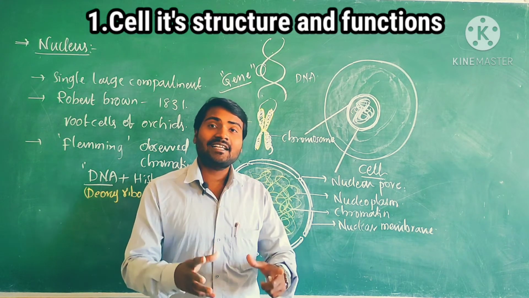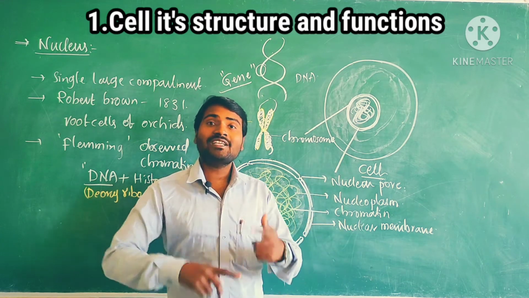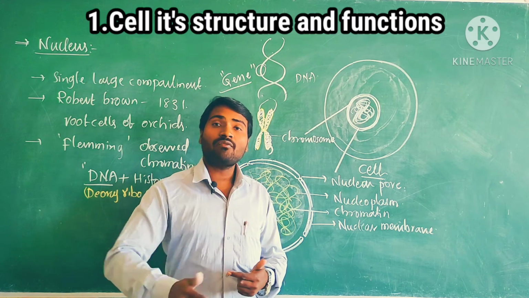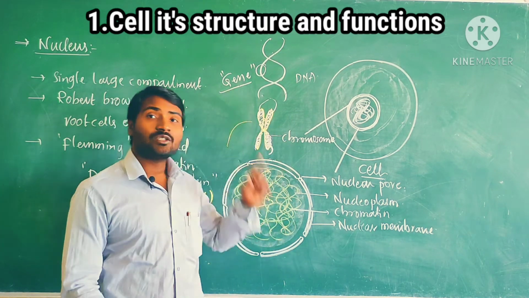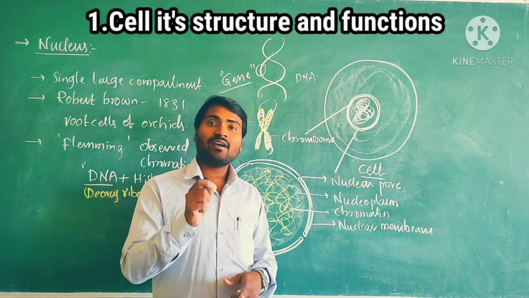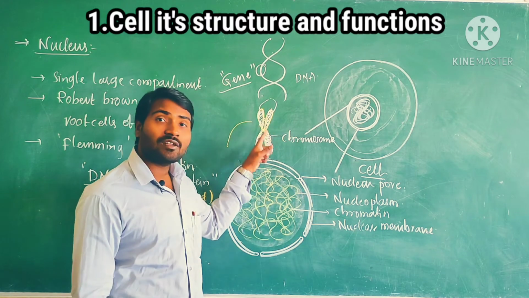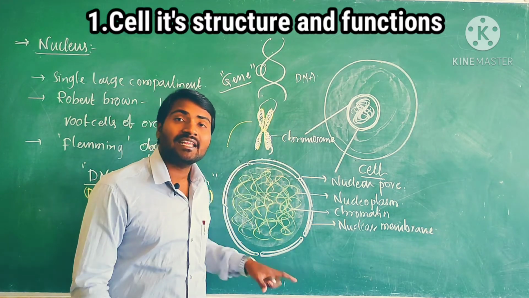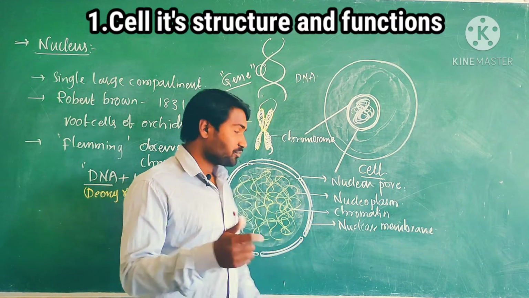So the character of a child is due to their parents or forefathers. How are these characters passing from one generation to another? That is because of genes. So where are genes located? Inside the DNA. A segment of DNA is known as a gene, and this DNA is located in the chromosomes. Chromosomes are present inside the nucleus. Got clarity?